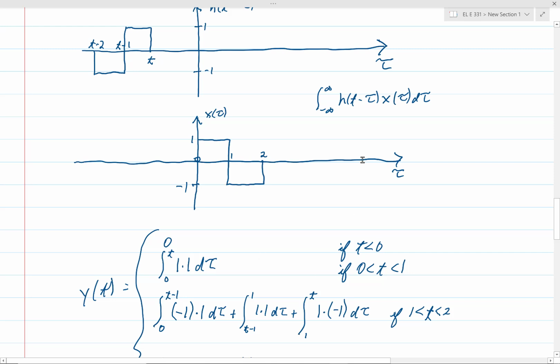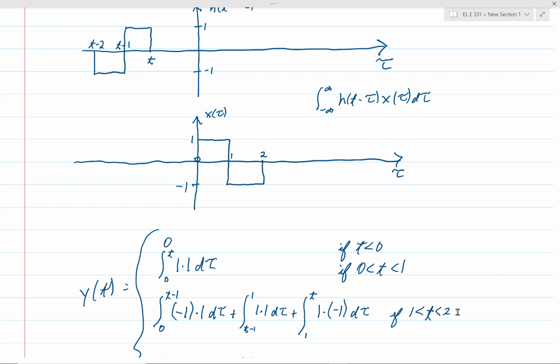So again, h is the first term, x is the second term, so we'll have +1 times -1. And what will be the limits on that? Well, it starts at tau equals 1, and it goes to tau equals t. So 1 to t. And again, that's the valid expression for the case when t is between 1 and 2.